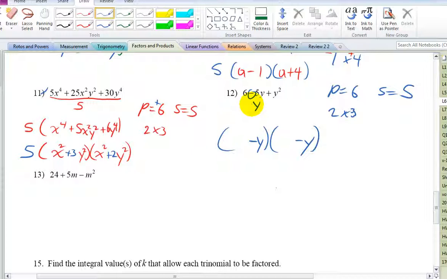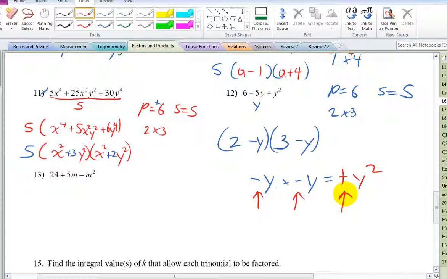Okay, that's a little bit different though. We haven't seen that yet, right? And we just have 2 and 3 at the front. Okay, so sometimes that happens. And a negative y times a negative y equals a positive y squared. Okay, so we got to watch our signs. But 13 is different though. 13 doesn't have a plus m squared.